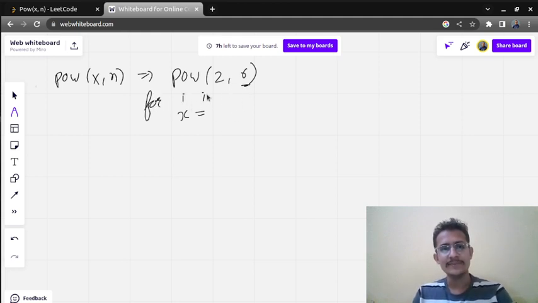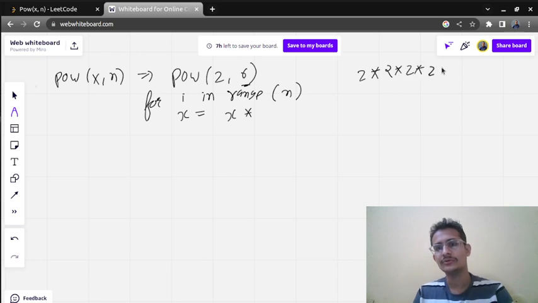For i in range of n, x is equal to x into x, we need to multiply n times. So it will be like this: 2 into 2 into 2 into 2 into 2 into 2. Let's say answer is equal to x into answer, and initially answer value is equal to 1.